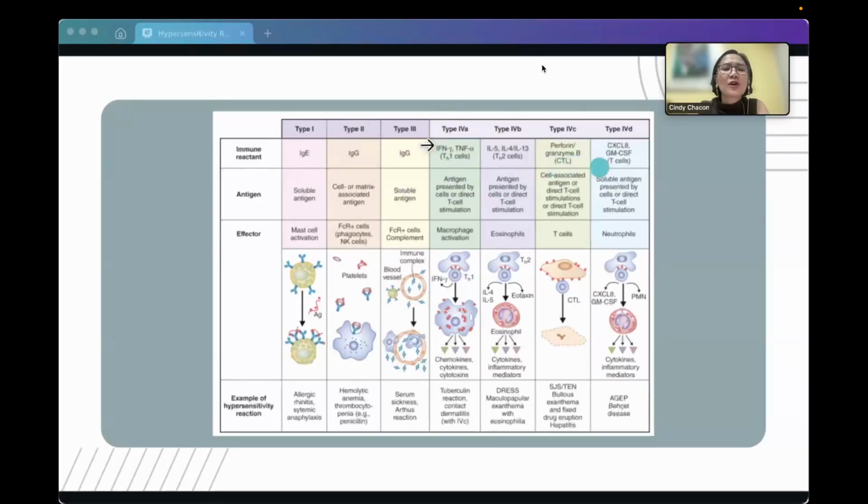And this is what I was talking to you about, yung type 4, A, B, C, D. But in general, they're all T cell. The effector cells here, or the cells that cause the problem, are still your T cells. No? So this is the immunologic pathogenesis of drug reactions as well. Most of them will fall in type 1 and type 4 hypersensitivity reactions.